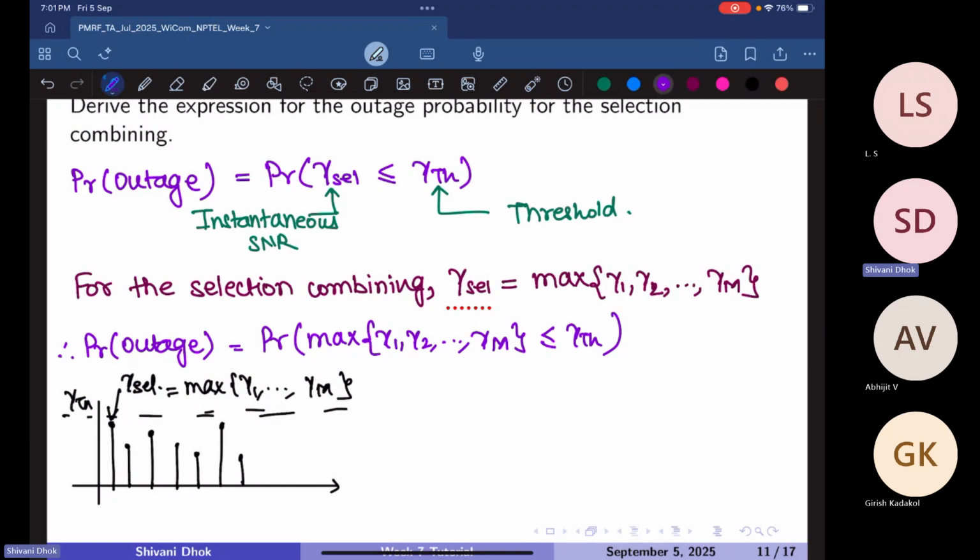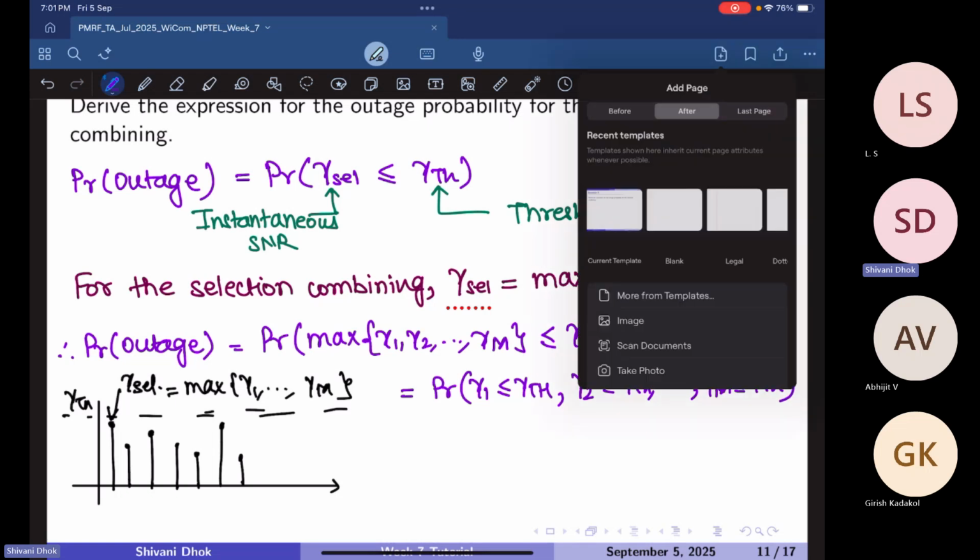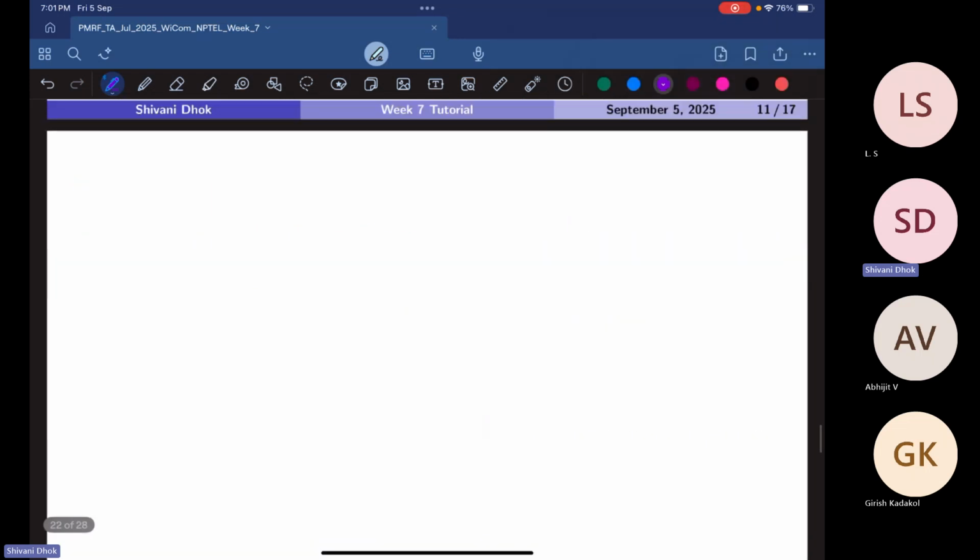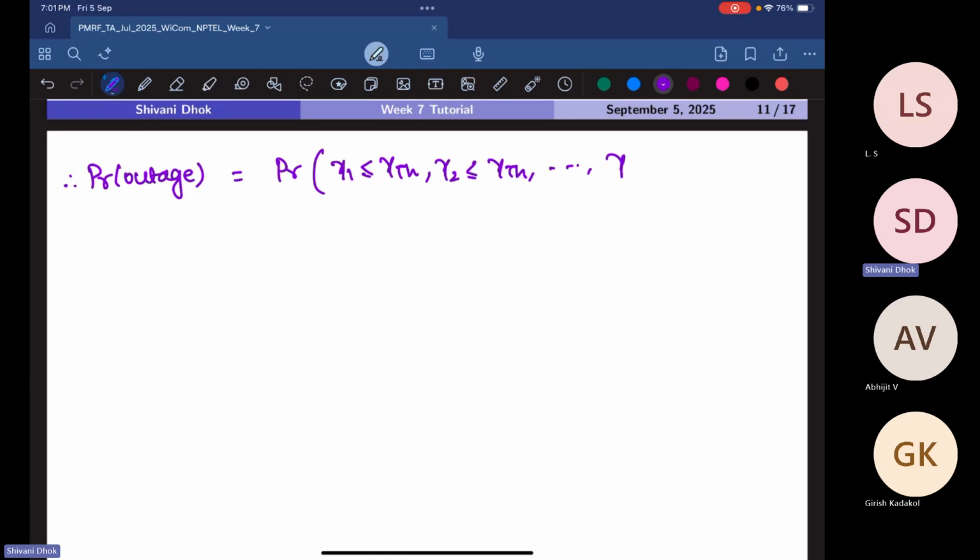So this probability is equivalent to the probability that gamma 1 is less than or equal to gamma th, gamma 2 is less than or equal to gamma th, and so on till gamma M is less than or equal to gamma th.